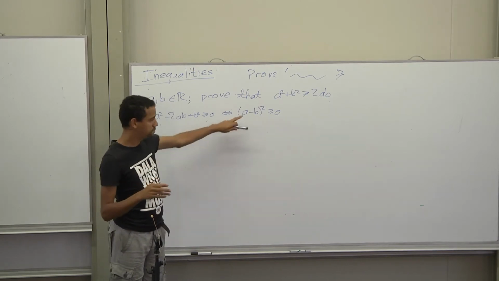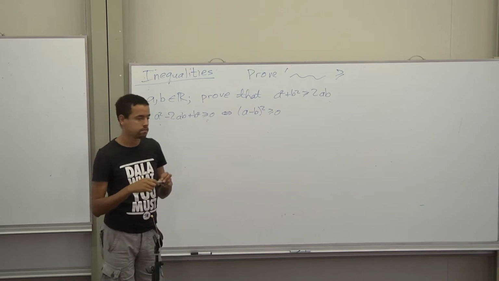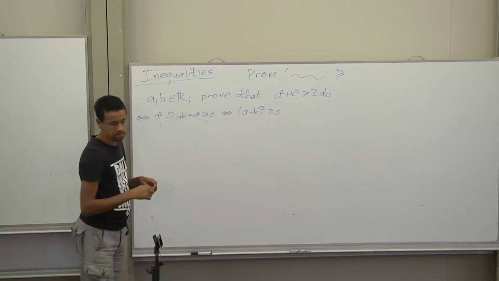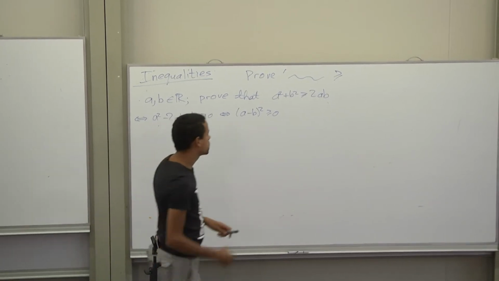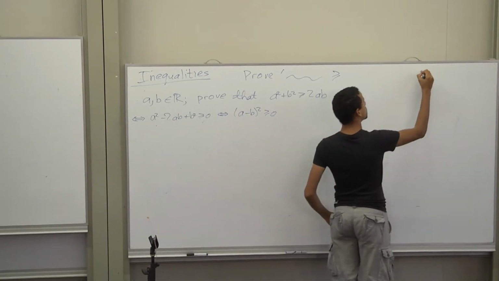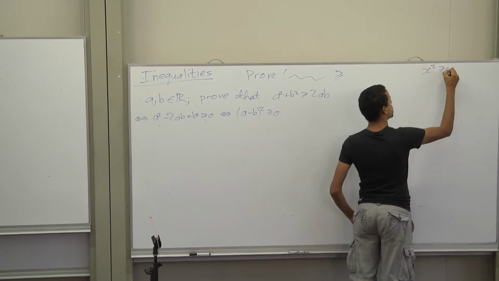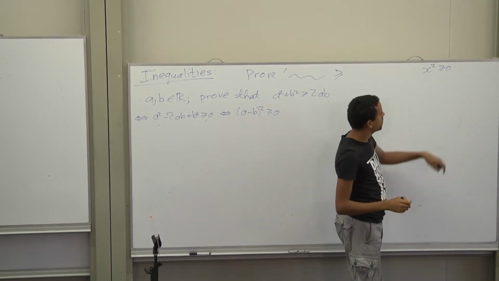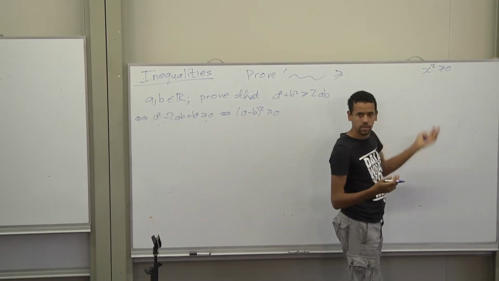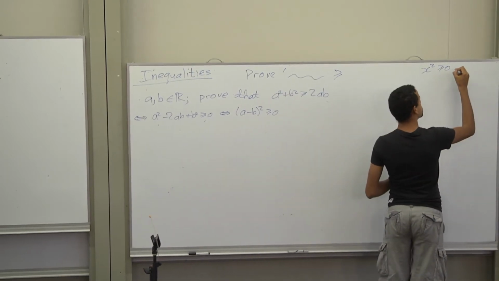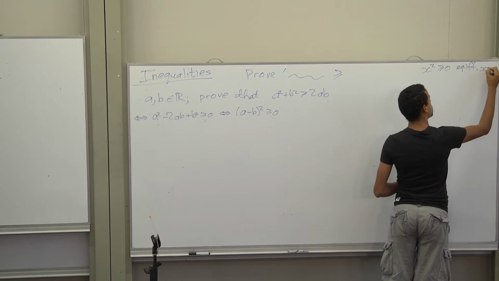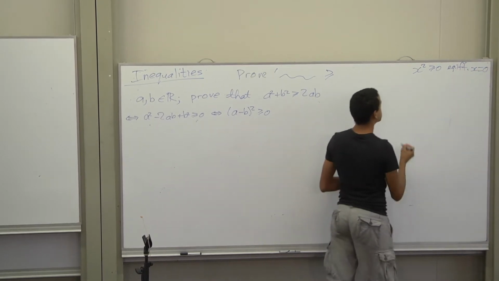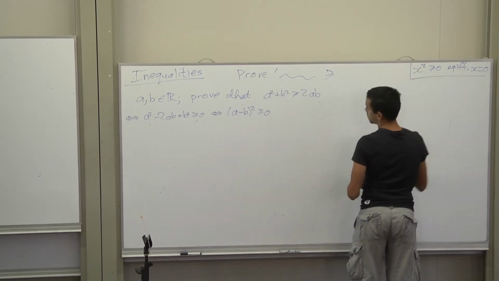Almost all of them just build up from this. So that's the first important fact: any square is always greater than or equal to 0, and equality if and only if x is equal to 0.